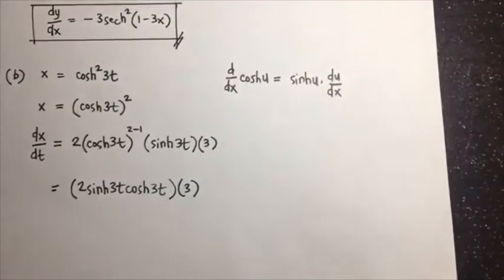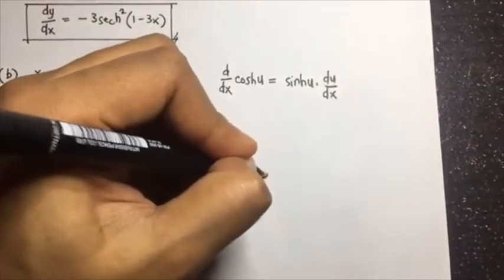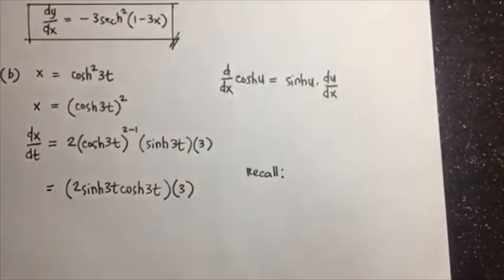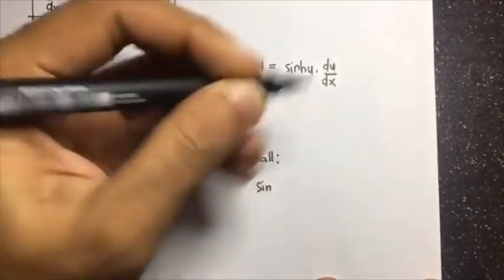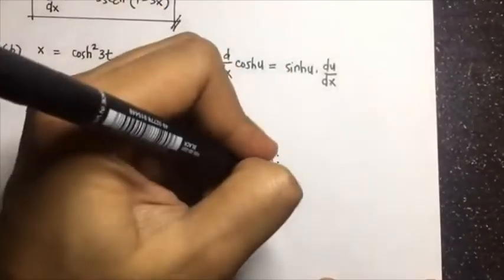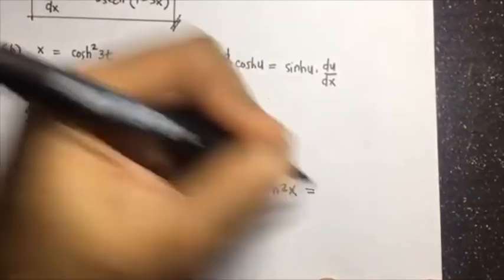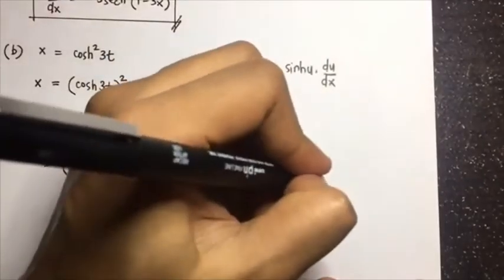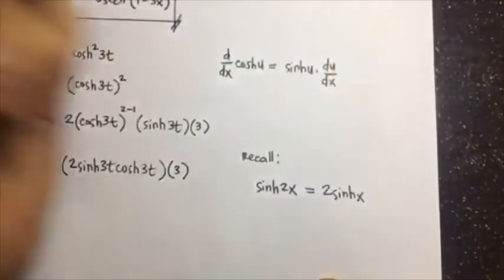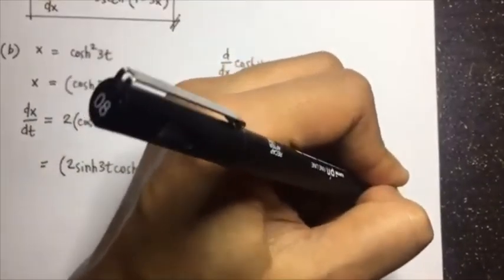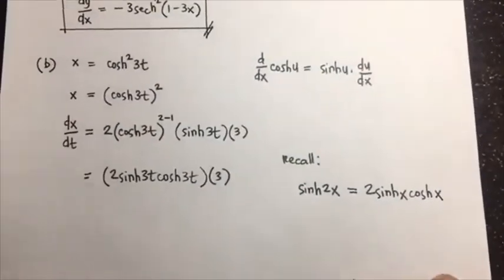Recall the identity from earlier that the hyperbolic sine of 2x is equal to 2 hyperbolic sine of x hyperbolic cosine of x.